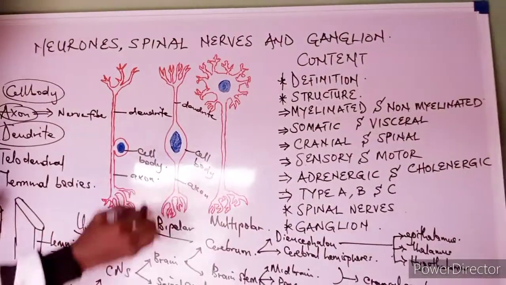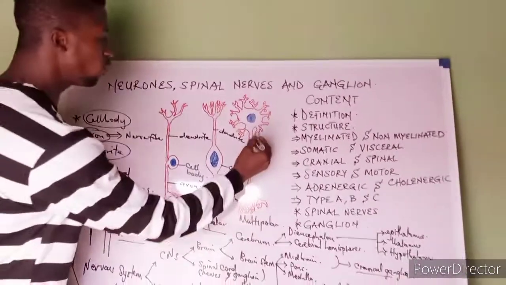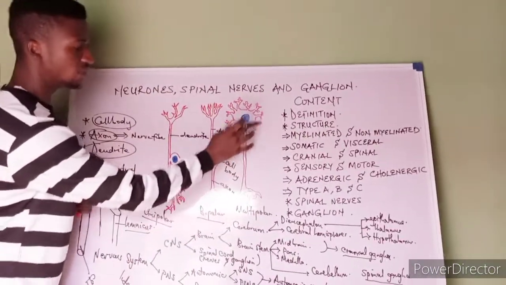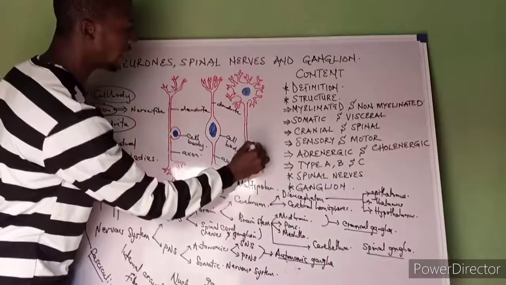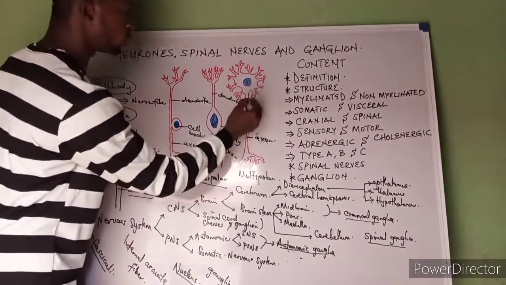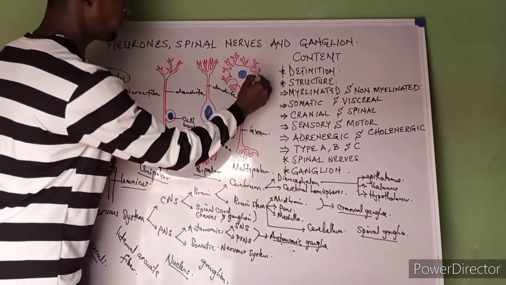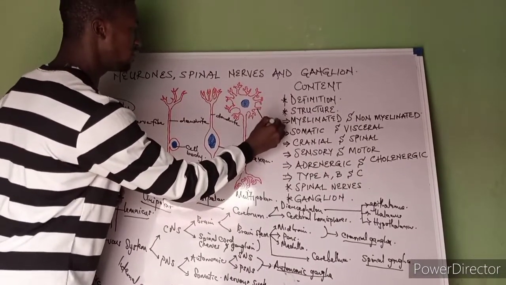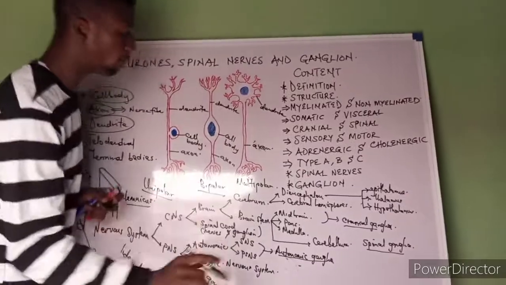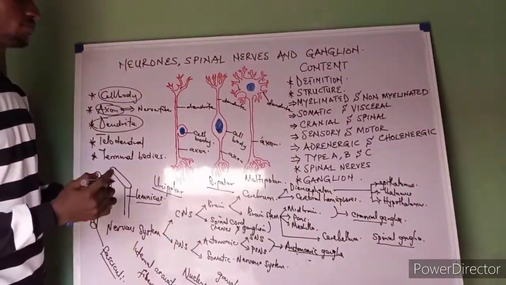But when you have a nerve cell in which one pole of the cell body forms the axon, and several other poles from the cell body form the dendrites, we call this multipolar.